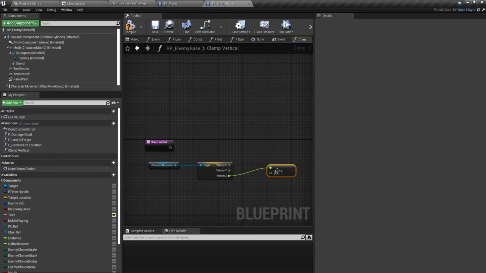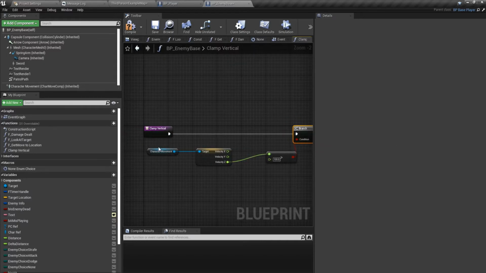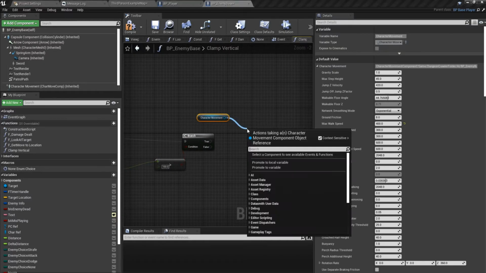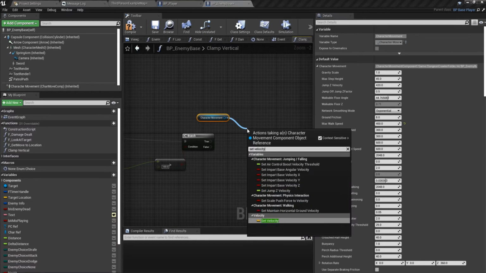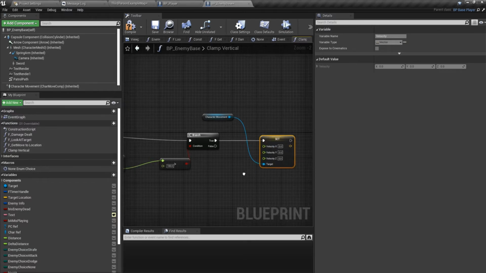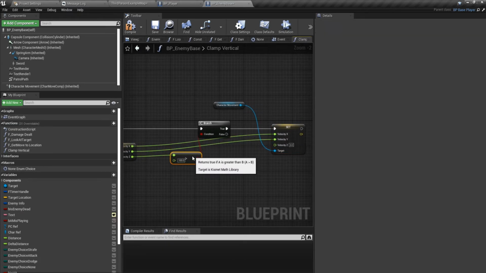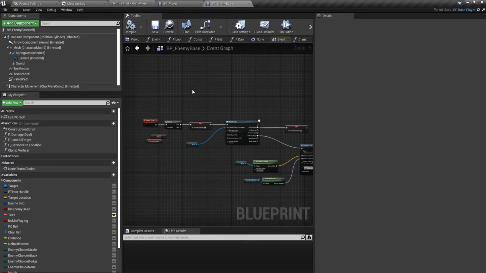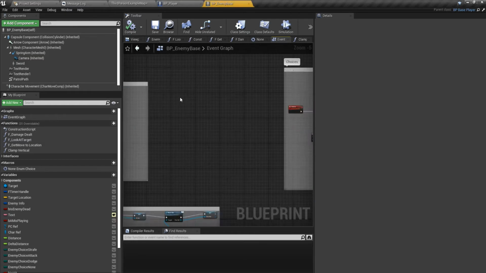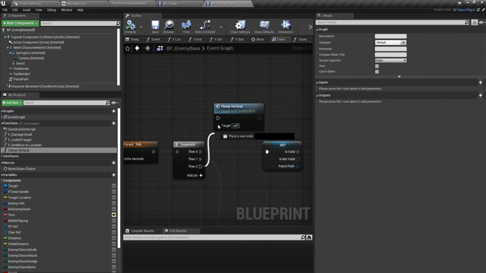If it is greater than, let's say, 100, I will clamp this: set velocity. I'll split it, I'll put the X and the Y as they are, and for the Z I'll just make it 0. That's it. And again this one would be on the tick, so go for event tick and clamp vertical, just like that.